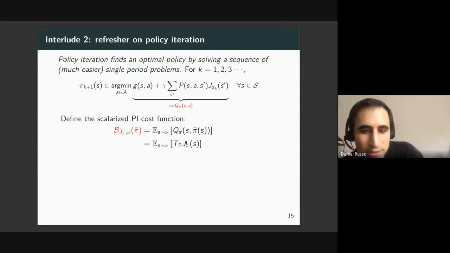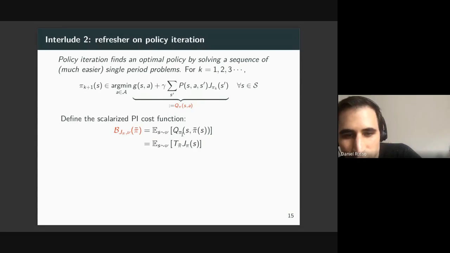Now you could write this in one of two ways. One is as averaging over the Q function evaluated at a new policy, and the other as evaluating a Bellman update to the old policy. Those two are the same.